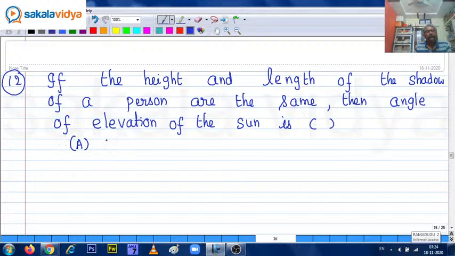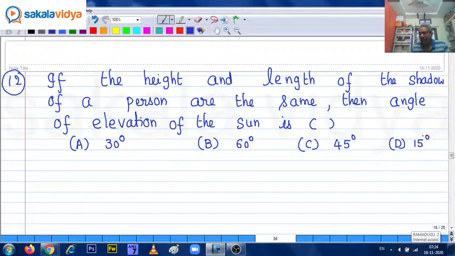A 30, B is 60, C 45, D 15 degrees. Yes, Nana, absolutely correct.